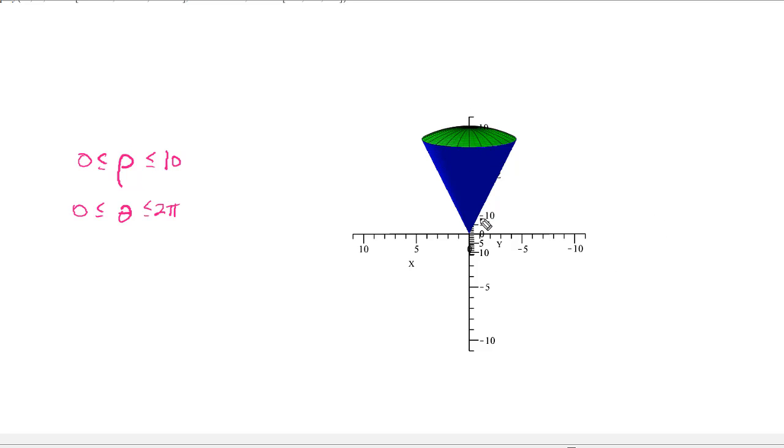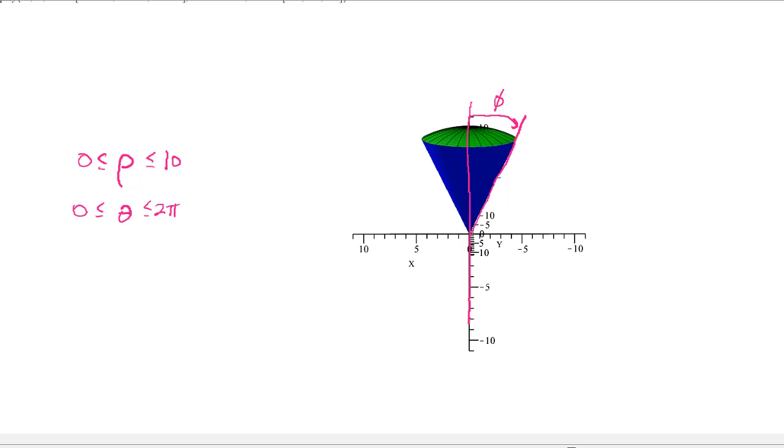So in looking at our figure, we notice the z-axis runs right through the middle of our figure. The edge of the cone is the value of phi that we need to find. And so that will be a constant value for this figure, but we need to find it.